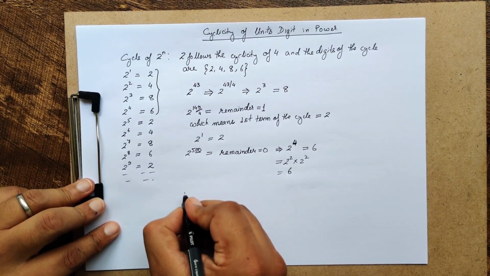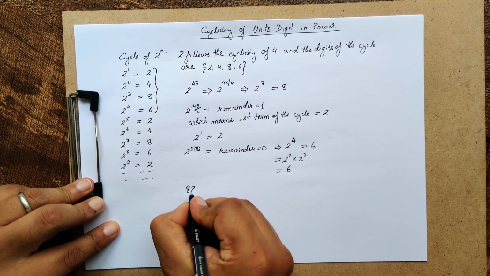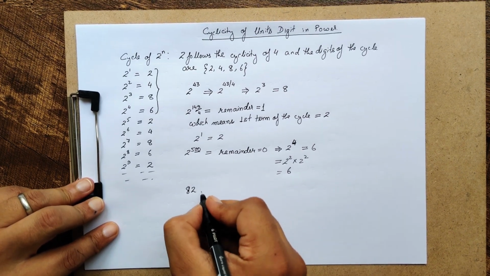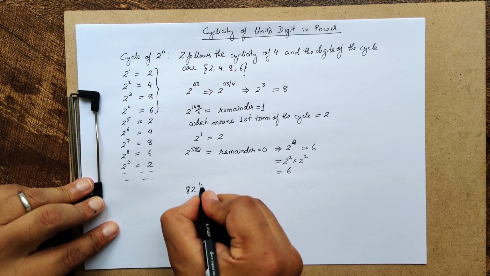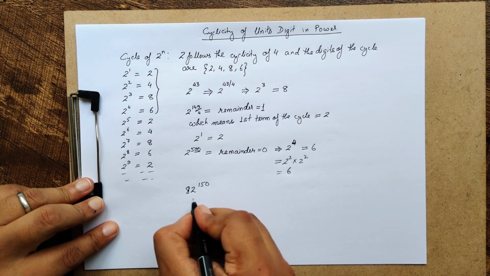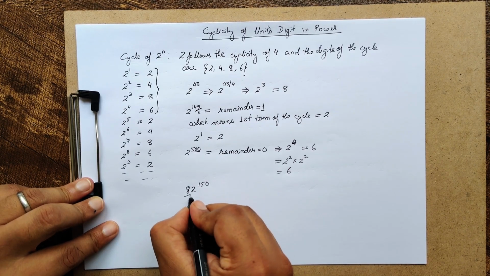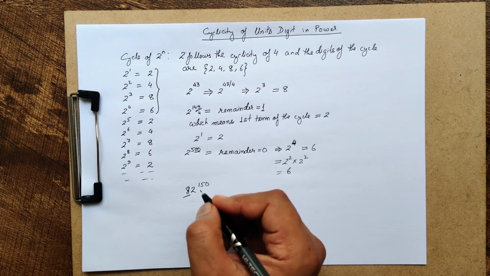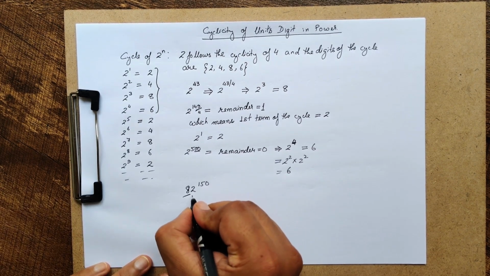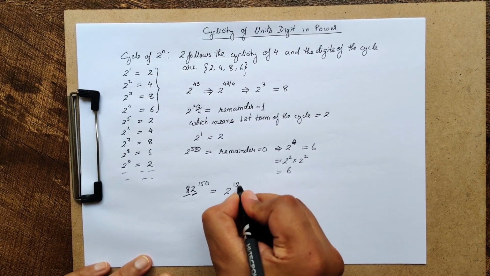Now let's see one more question. It said that 82 to the power 150, what is the digit at its unit place? So we have nothing to do with this value. All we are concerned about is the digit at the units place. So the digit is 2. So we can write this as 2 to the power 150.